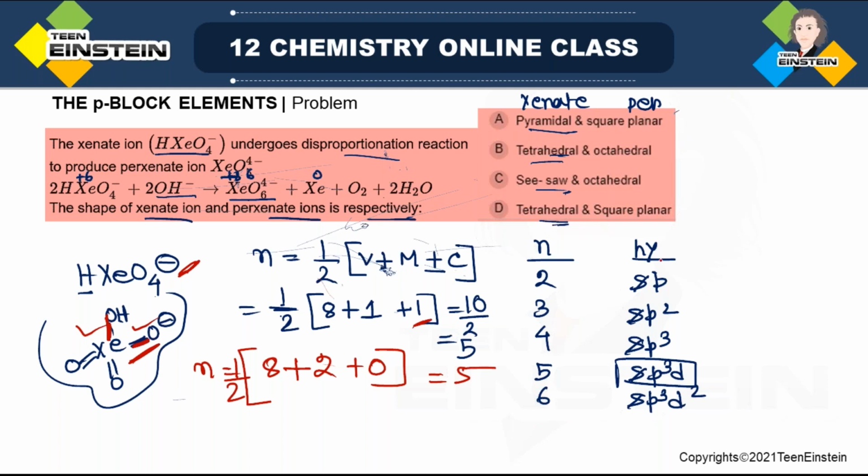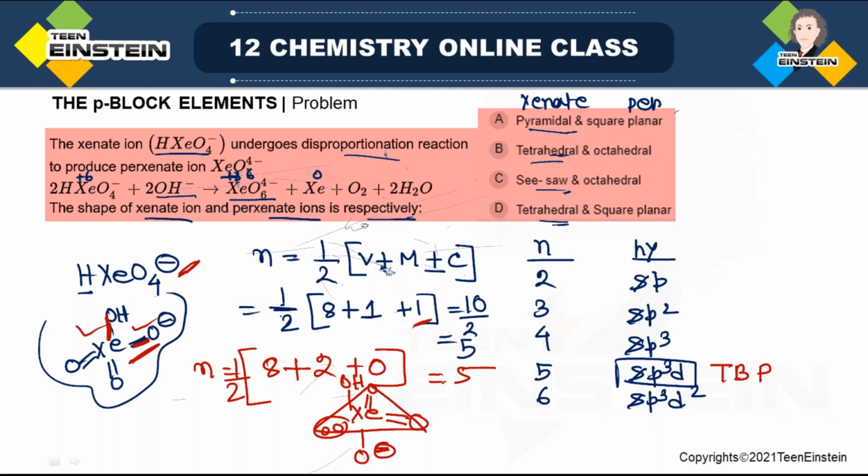If it is sp3d, that means it will have a trigonal bipyramidal structure. Now in trigonal bipyramidal structure, remember, double bonds are always placed in the equatorial position. So that is why I am writing both the double bond oxygens in equatorial position, with HO minus in one axial position and O minus in the other axial position. One coordination site is still there, so there will be a lone pair. But it is asking what is the shape.